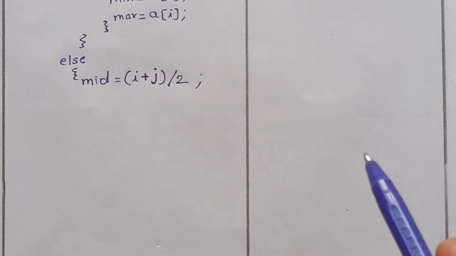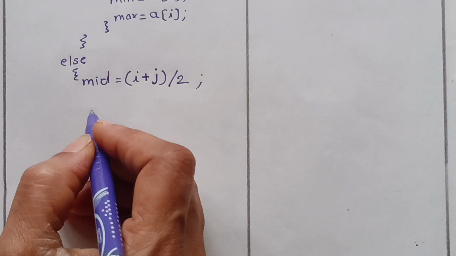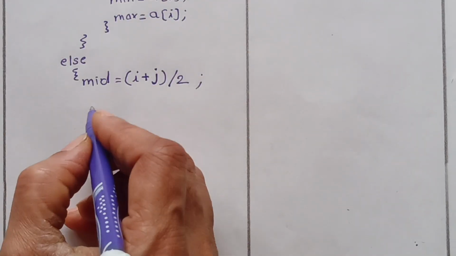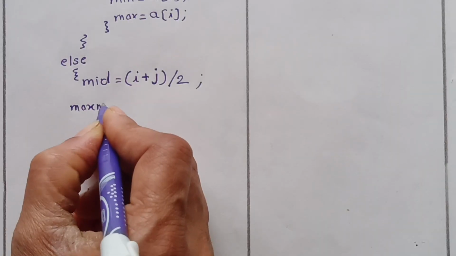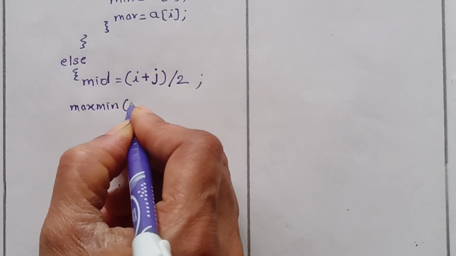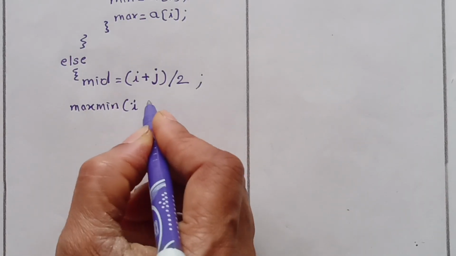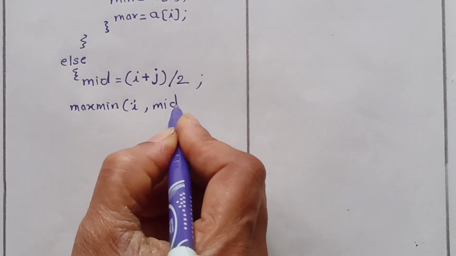After dividing, you have to recursively call the same function. So here you are calling the same function max min, from the first initial value till mid.